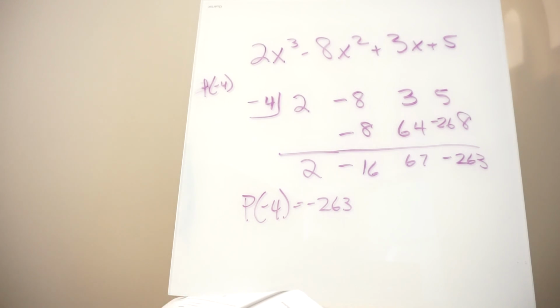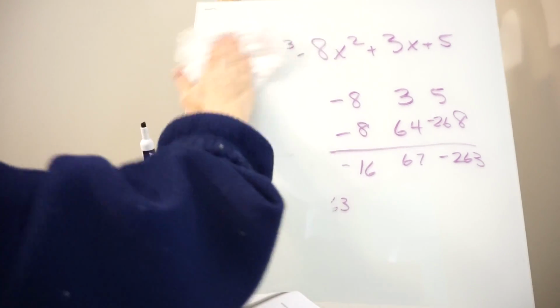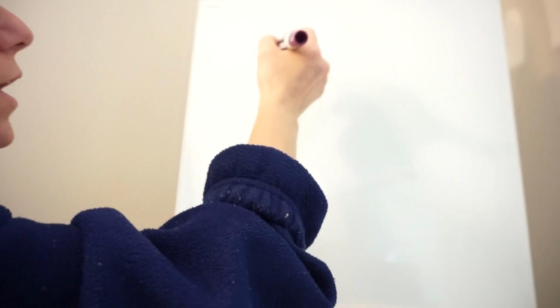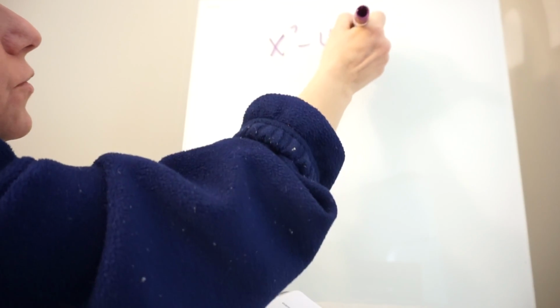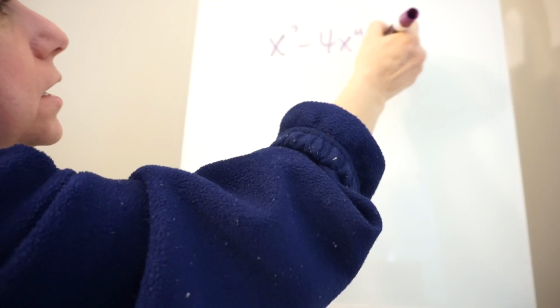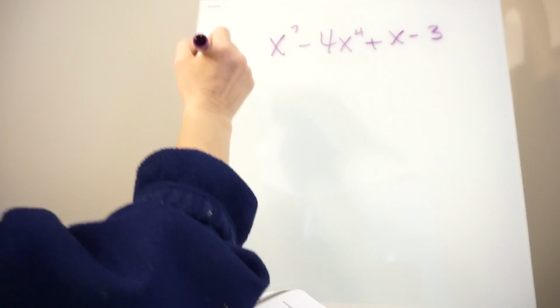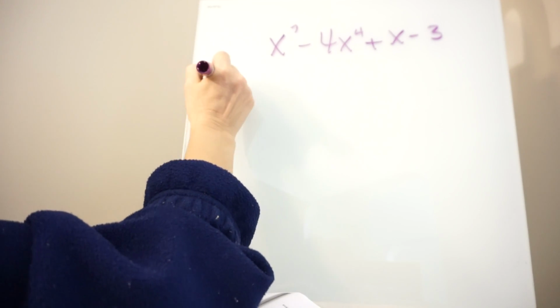All right. Now we're going to use the remainder theorem to do example 115.3. This says use the remainder theorem to evaluate x to the 7th minus 4x to the 4th plus x minus 3 when x is equal to 2. Okay, so we're going to do p of 2.